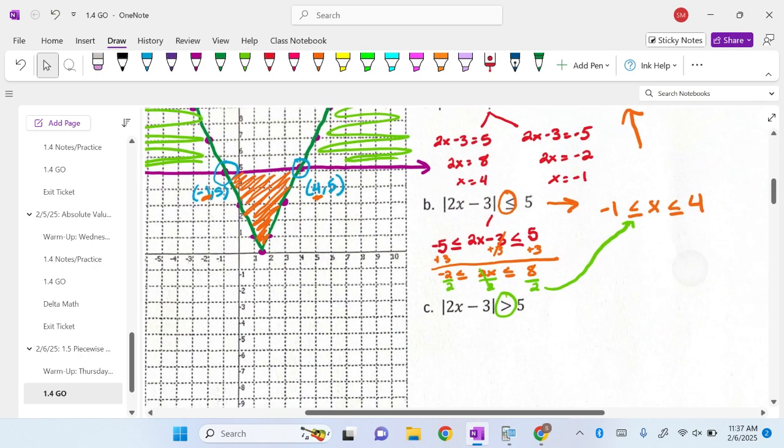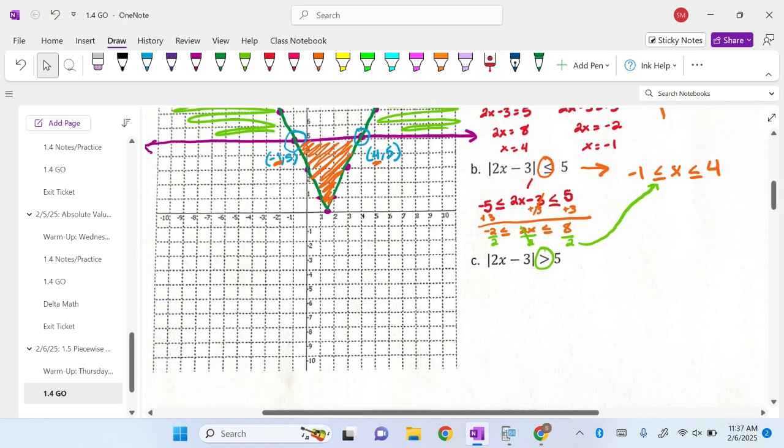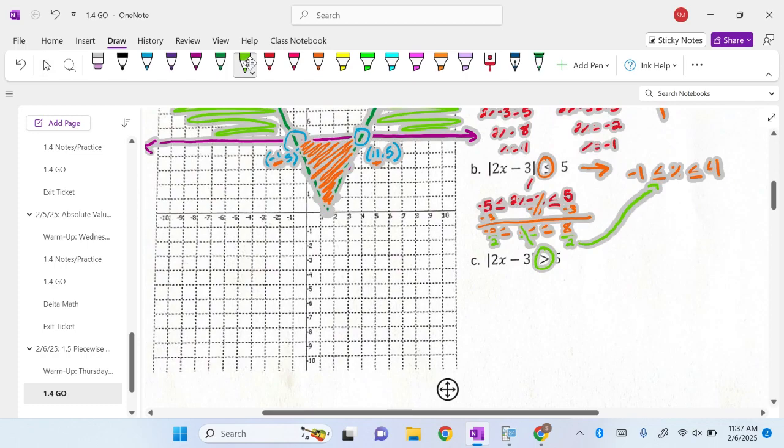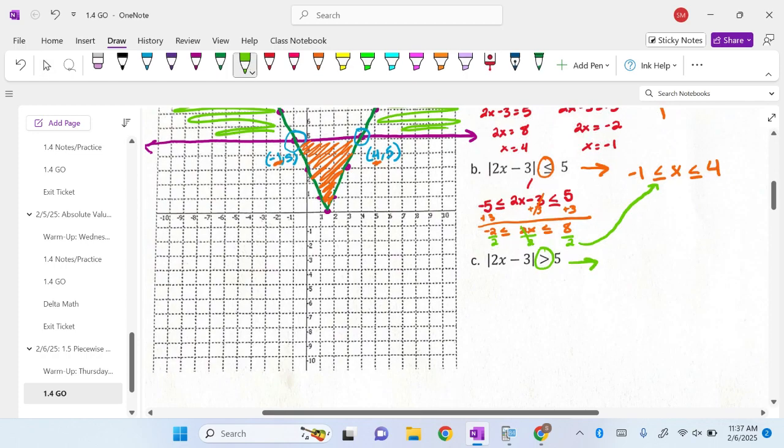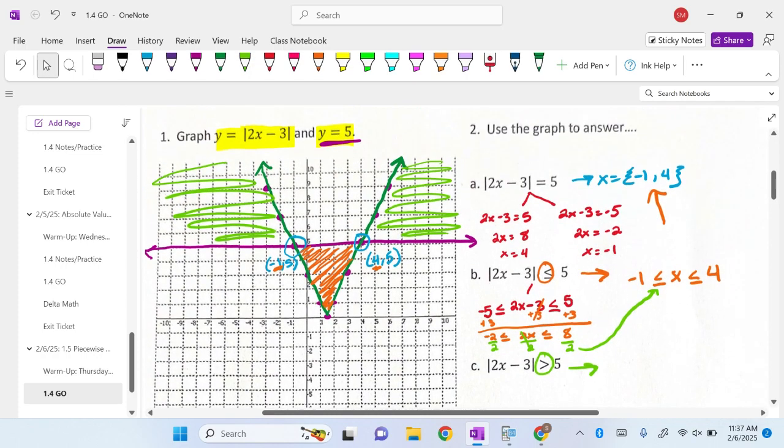All right. Now, the greater than side of things. If I'm talking greater than, look at where the green shading is. How do you think I would write my answers as inequalities? We're talking in terms of x values. So am I going to have two separate inequalities, or one compound inequality?